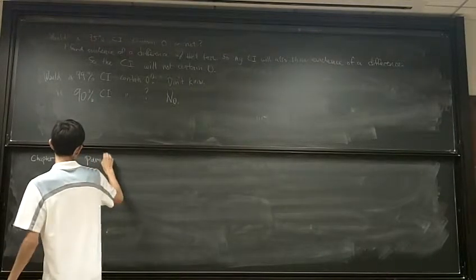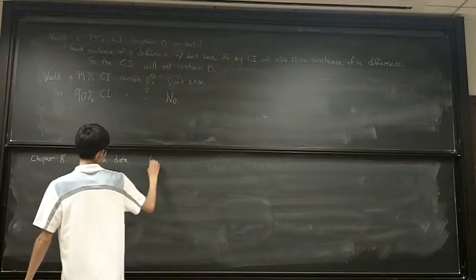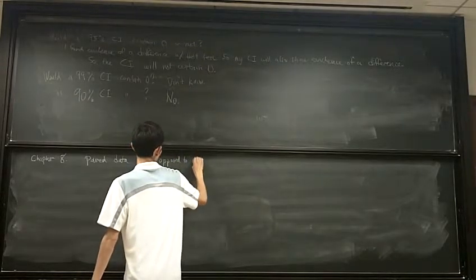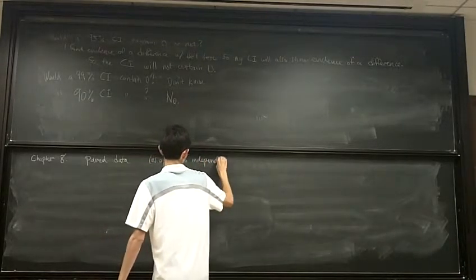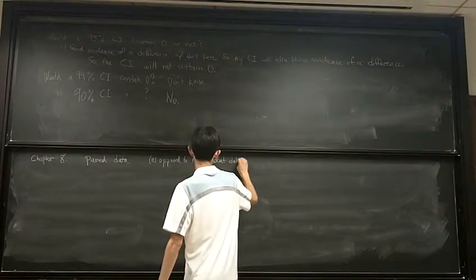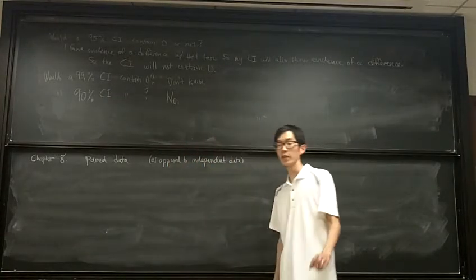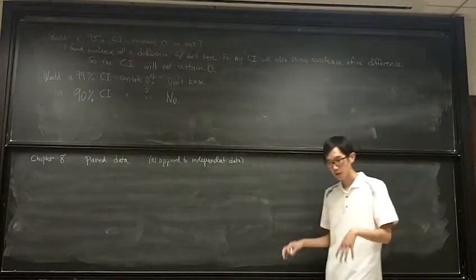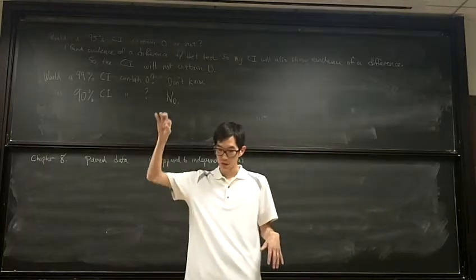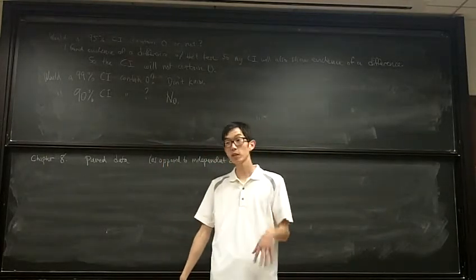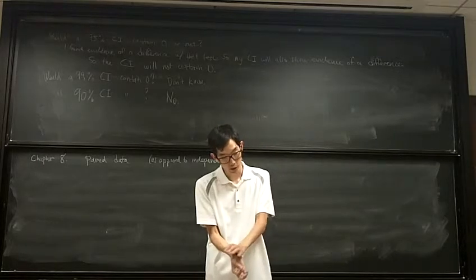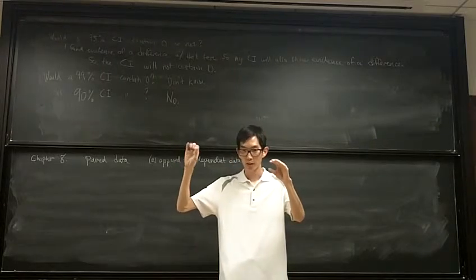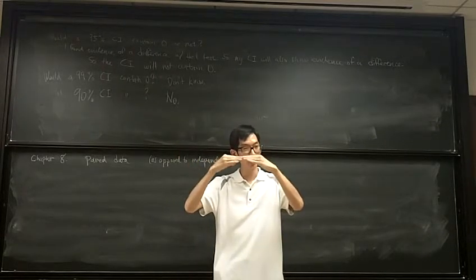Paired data as opposed to independent data. So in paired data, we're interested in the difference between the first group of measurements and the second group of measurements, but each result is linked to each other.